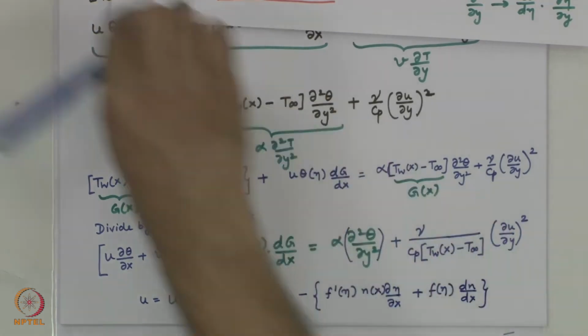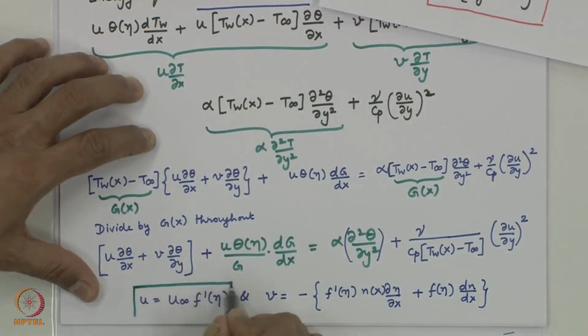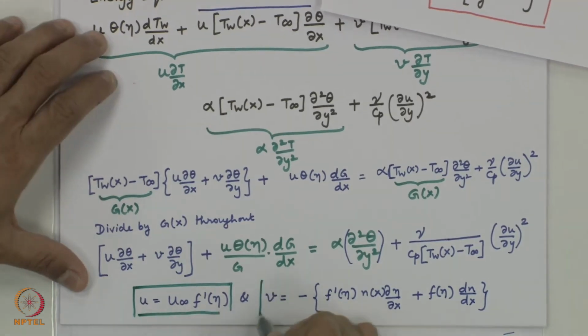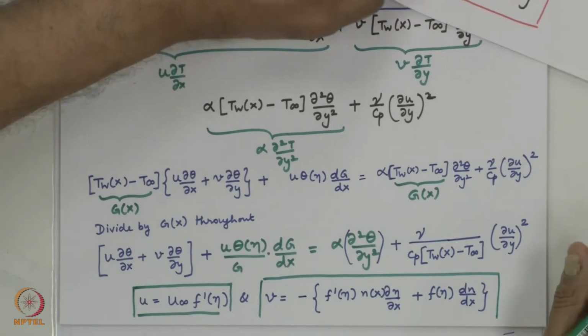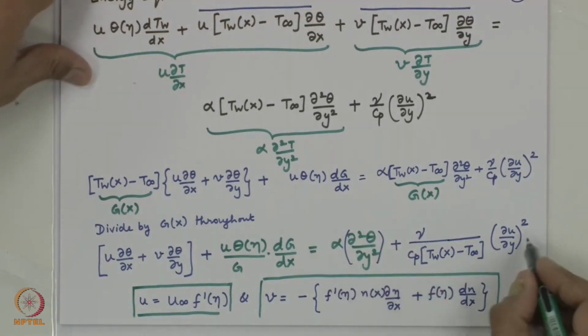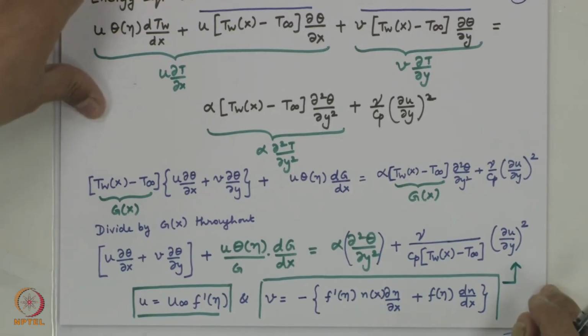These were derived earlier and we are just using this. This was your definition, and v is this. So now we are going to substitute these two in this equation, and of course use d theta/dx.